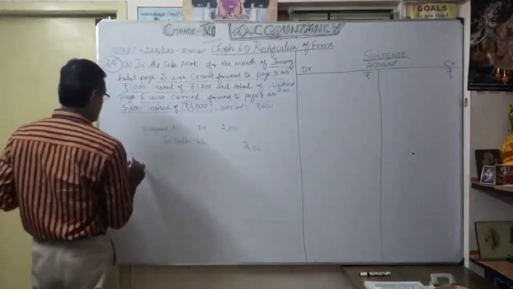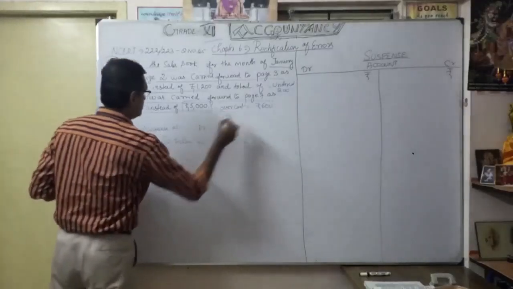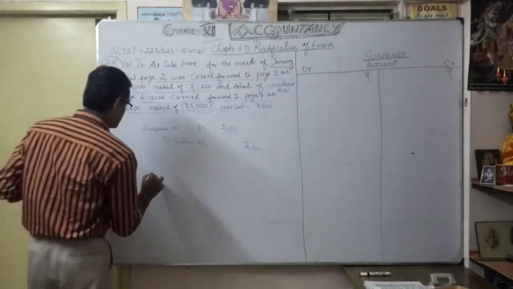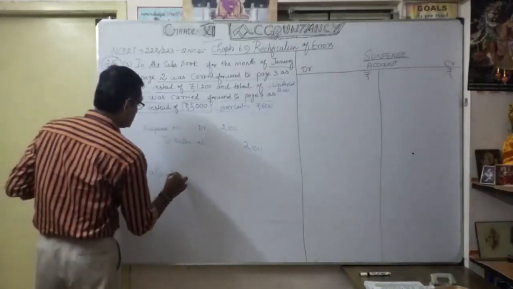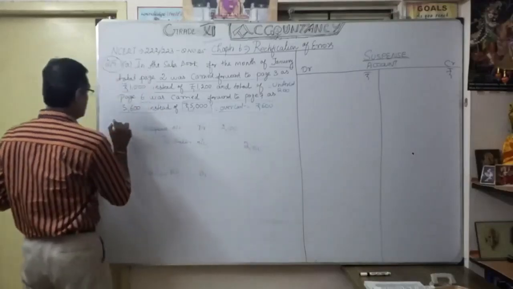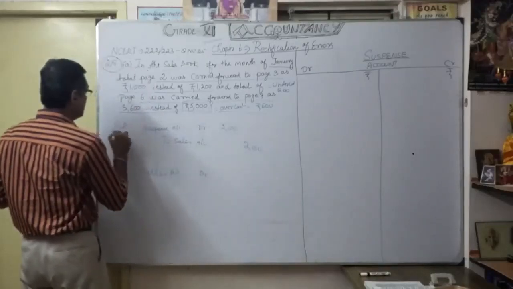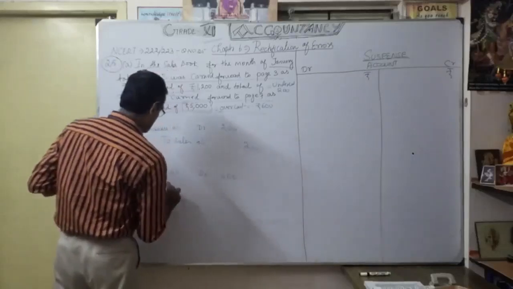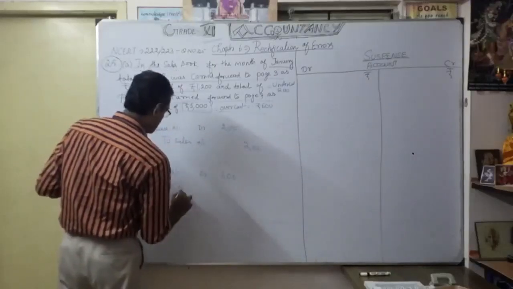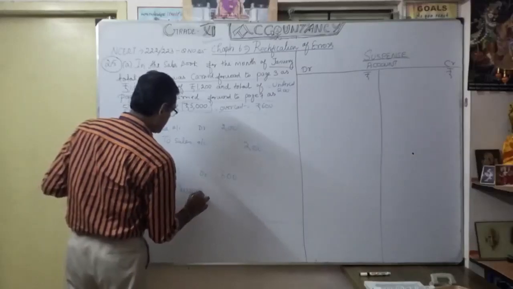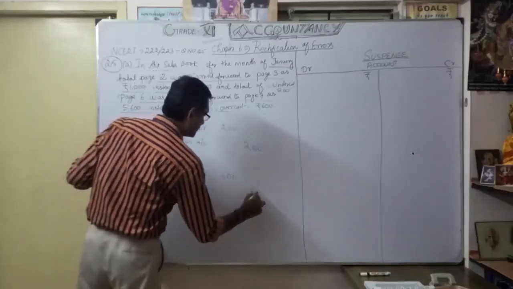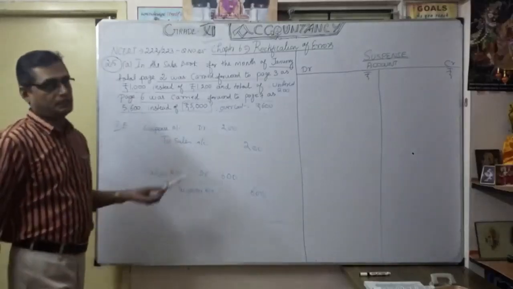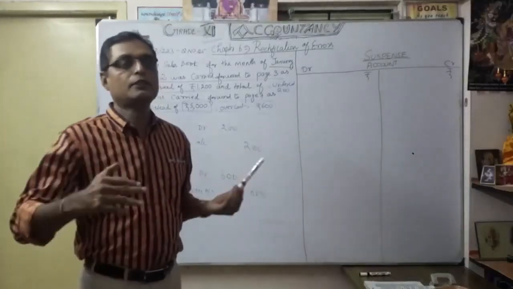Thereafter, this one is an overcast, so they are supposed to debit sales account. Sales account debit, debtor, both are rectification entries. Sales account debit, 600, to suspense account, 600.